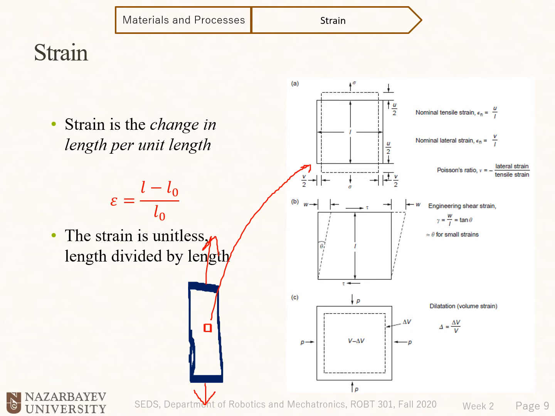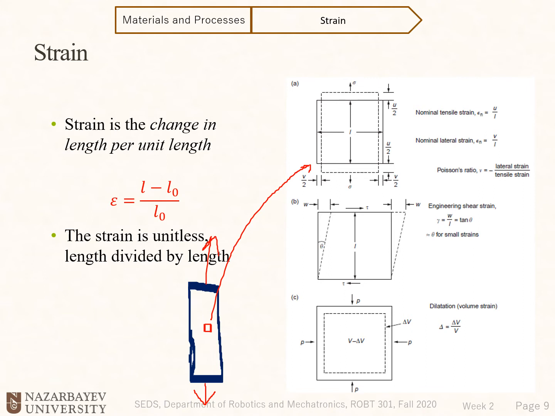So you see that this solid square element is changing to this dashed rectangle.